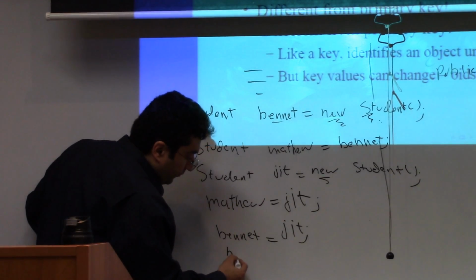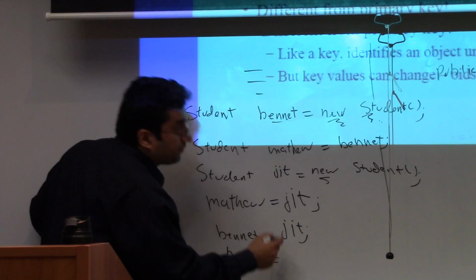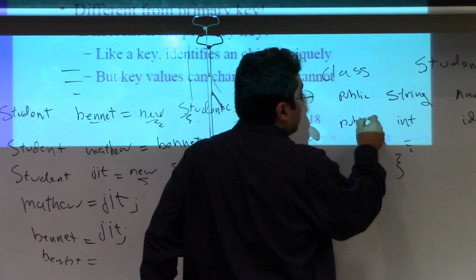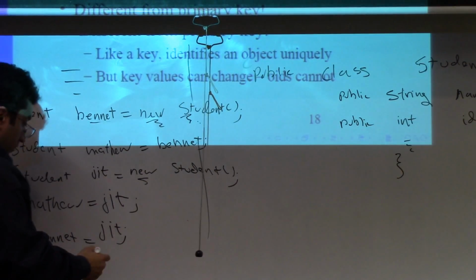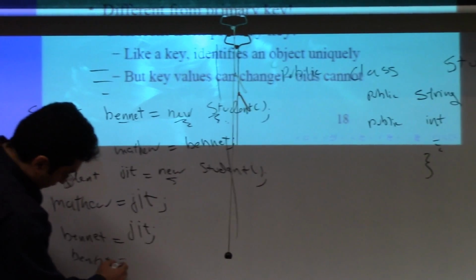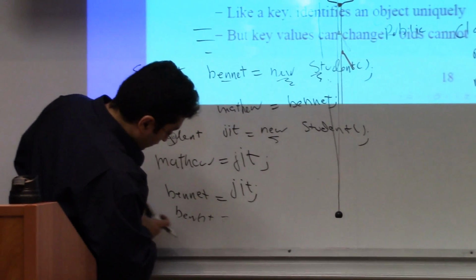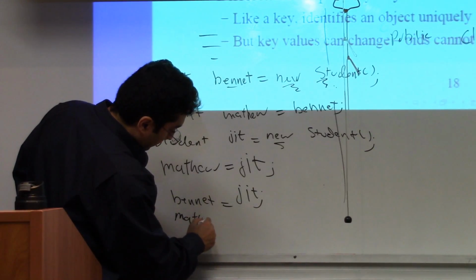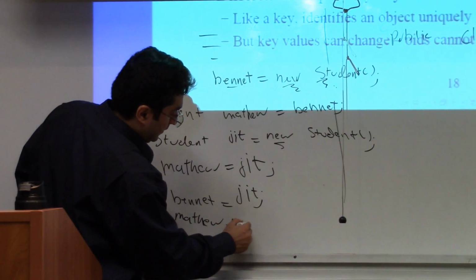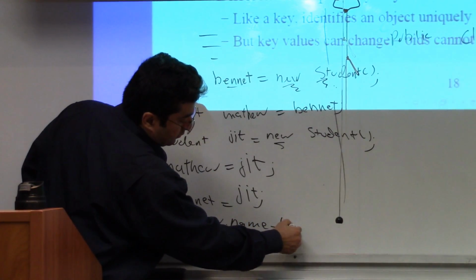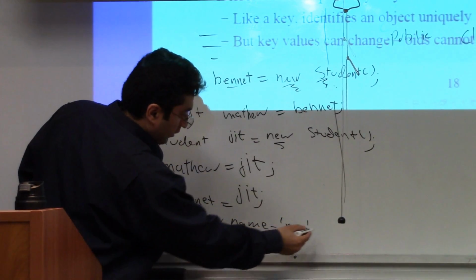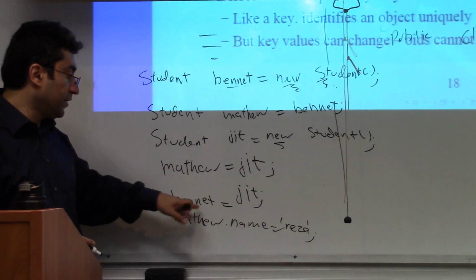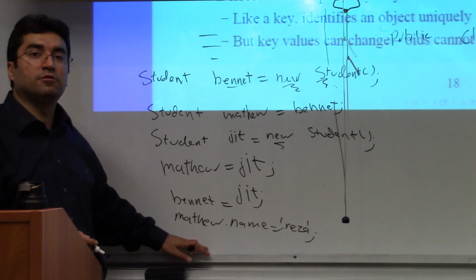If I change the name of the object and then, after that, I print out the name of the JIT, then the result will be printed out.